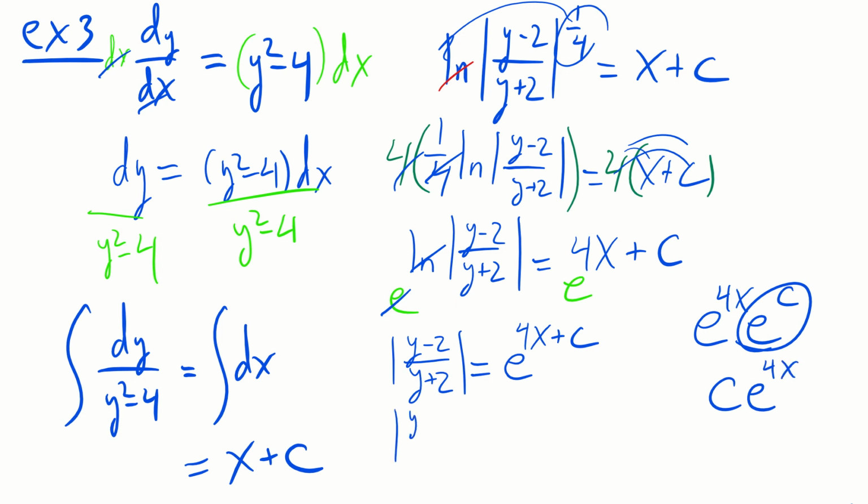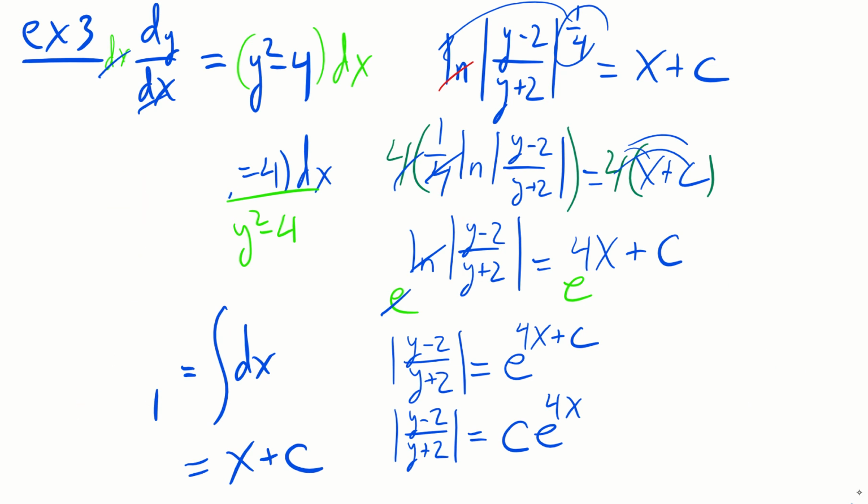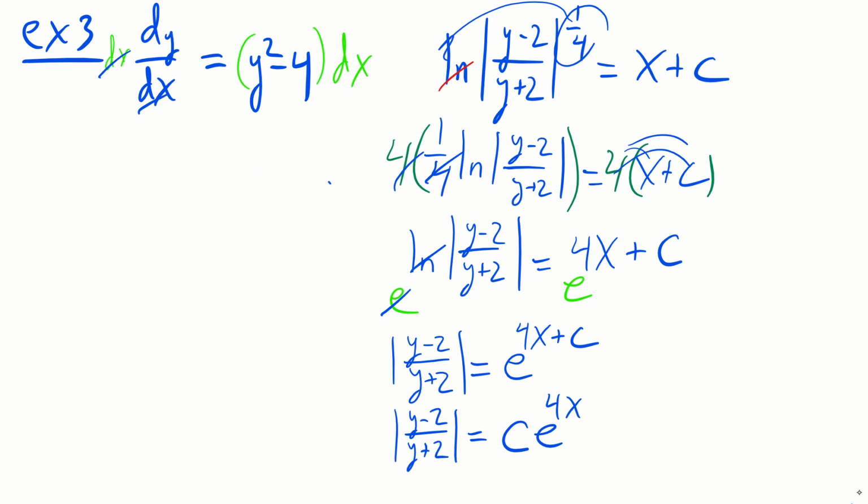So the absolute value of y minus 2 divided by y plus 2 is equal to just some constant times e to the 4x. We know that the absolute value of the thing on the inside could be either equal to the positive or the negative of the thing on the outside.